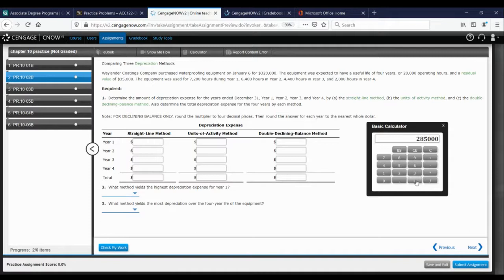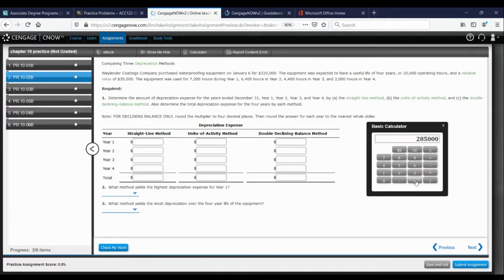And what this will give you is the depreciable value. The depreciable value amount is $285,000. That $285,000 is the total amount that this asset is expected to depreciate over its life.